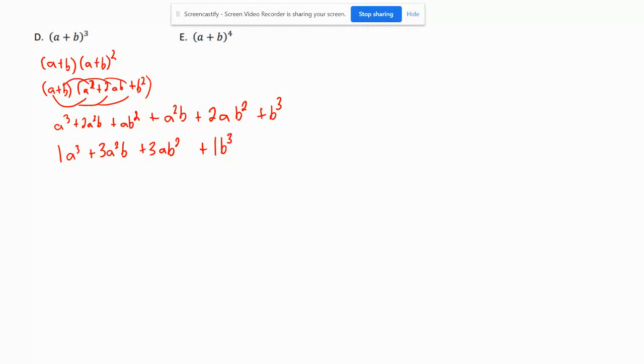Okay, one more. a plus b to the 4th is the same thing as a plus b squared times a plus b squared. I'm just going to do this over here, which is a squared plus 2ab plus b squared, times a squared plus 2ab plus b squared.